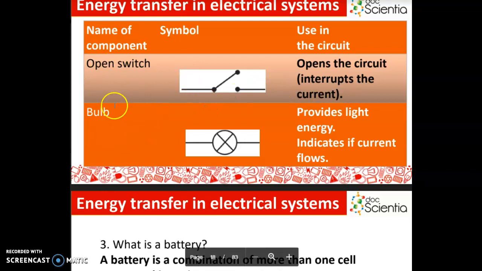A bulb. What is the symbol for the bulb? It's this little thing with a cross in it. And what is the use of the bulb in the circuit? It provides light energy and indicates if the current flows.